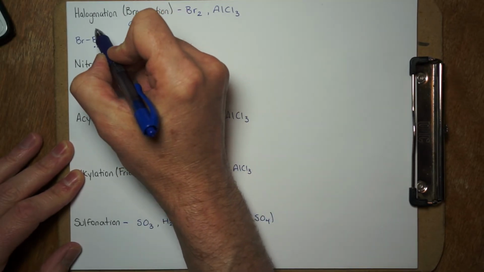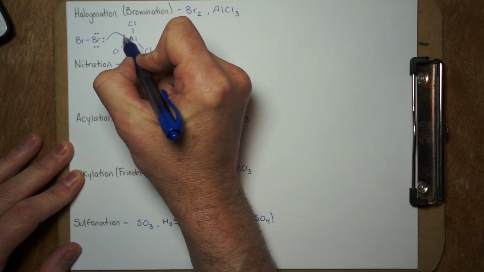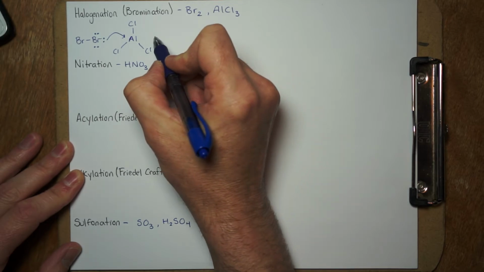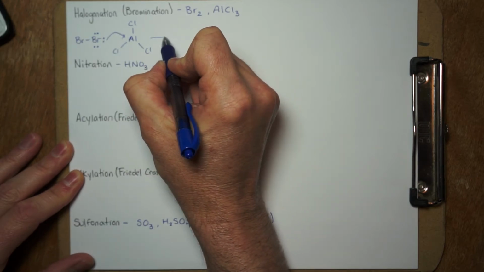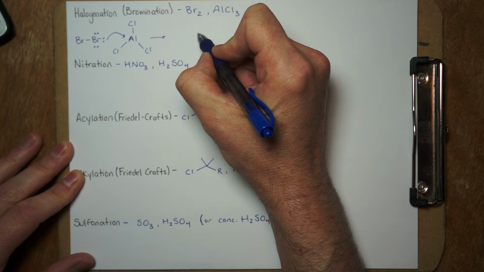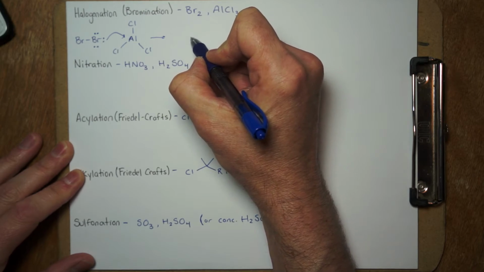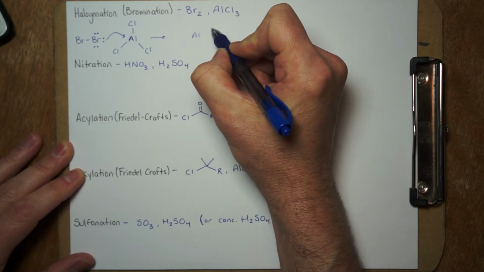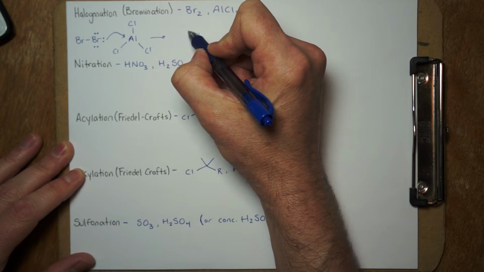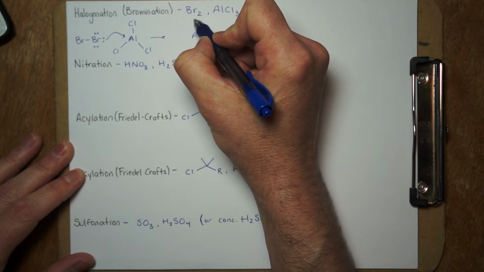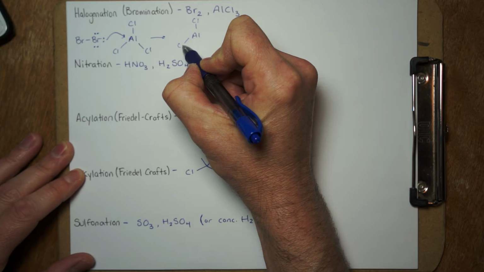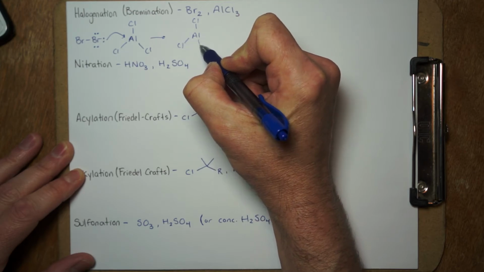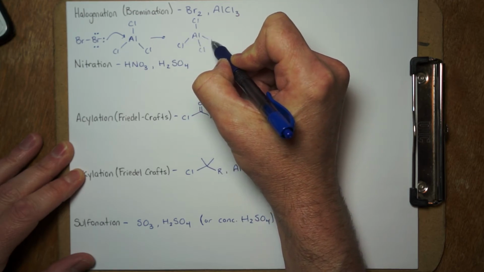Right, and when those react, we're taking a pair of electrons from bromine, adding them to aluminum, and we're forming the tetrahedral electrophile.